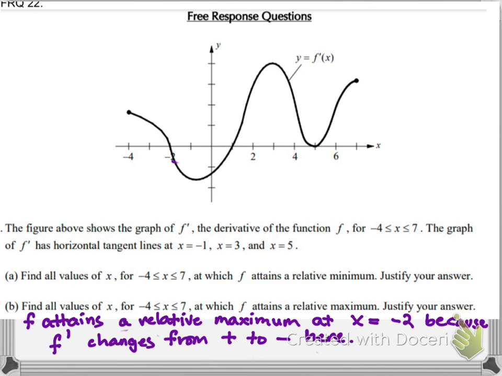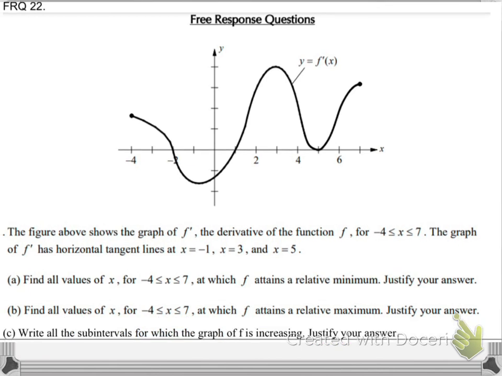And then f will be decreasing from negative 2 to 1 because f prime is negative there. I can even ask about concavity. Let's see what question letter C is. F is increasing. That's easy.